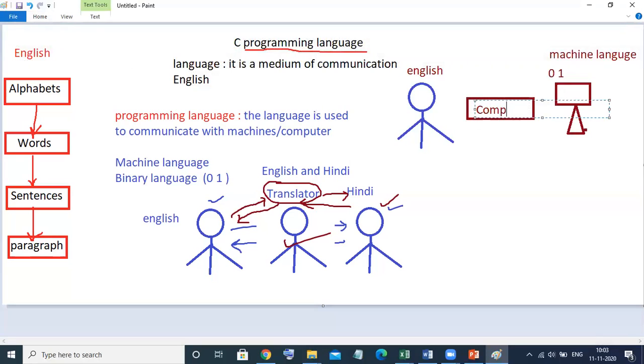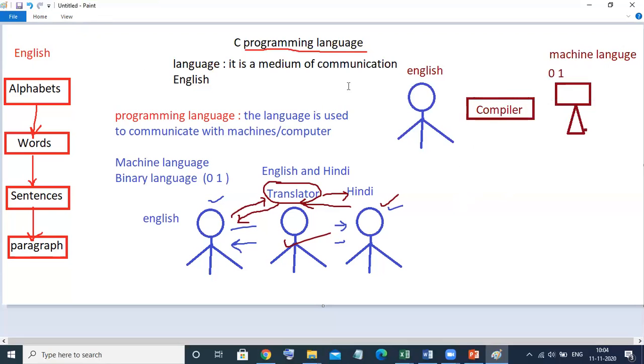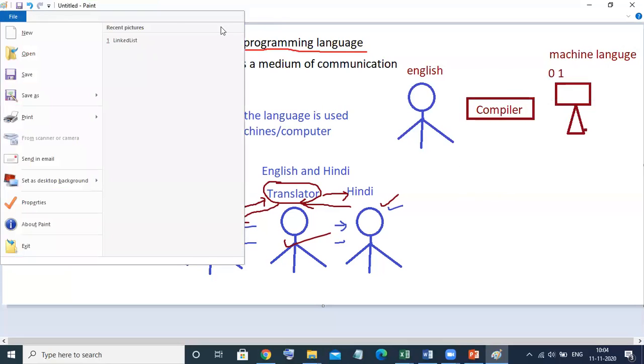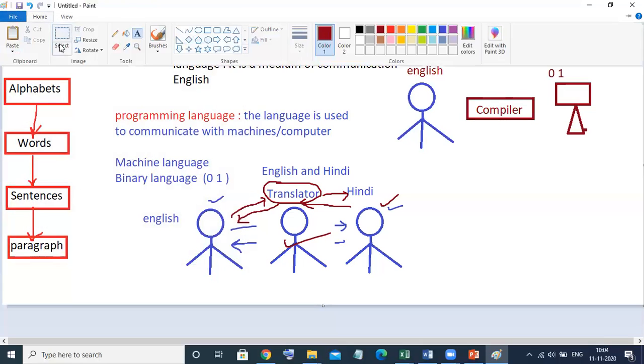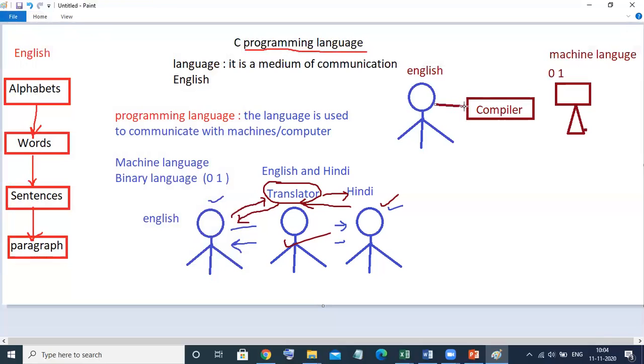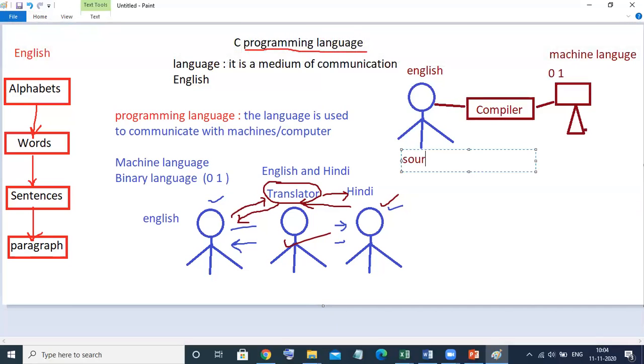Take one example. If we talk about the C programming language, the translator is called a compiler. Compiler is a translator. It will translate the source code into machine code. Source code means whatever we are writing, and this is the machine code.